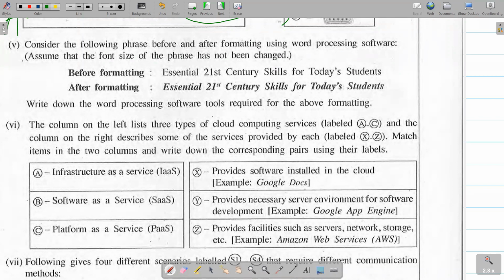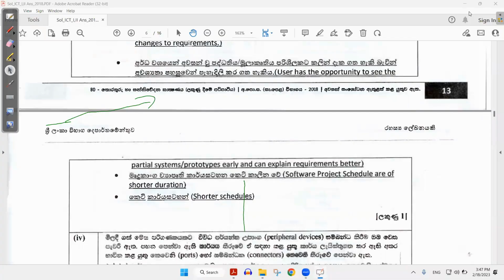So as you can see, it's been bolded, it's been italicized, and this big ST became a normal ST, that means superscript. Right, so those are the things that you need to write in your paper, not your marking scheme paper.